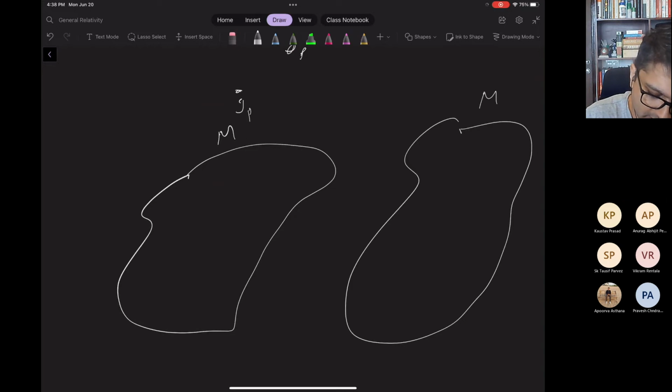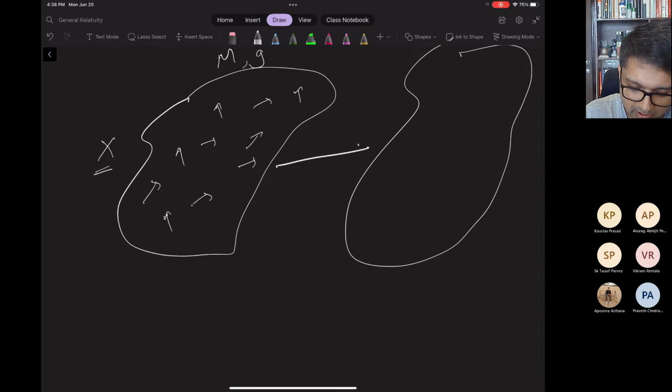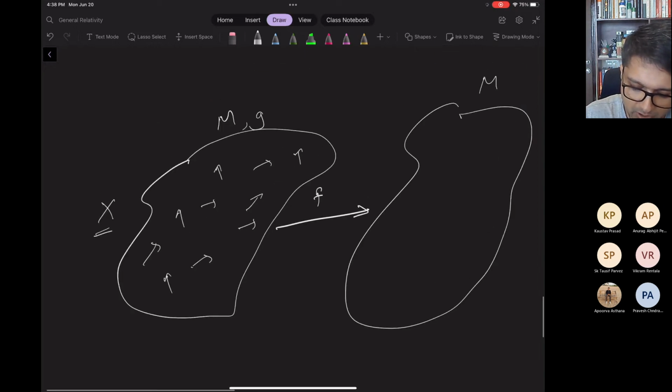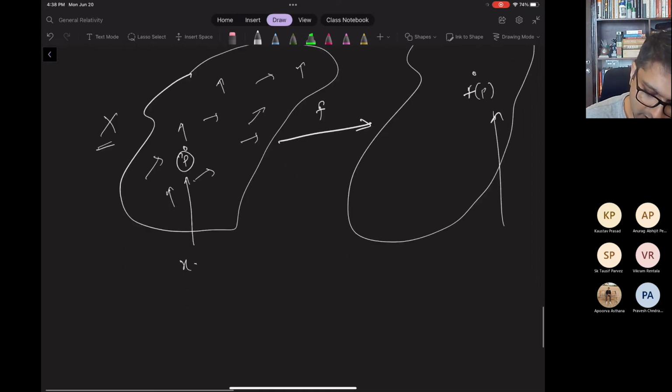and its copy, this is the metric G on this manifold, and there is a vector field X on this manifold. And this vector field X generates a one parameter family of flows, which means there is a function f which maps me to a copy of this manifold, with metric G, and it takes a point P, with coordinates x, and it maps that point P to a point f of P, which has coordinates e raised to tX x.